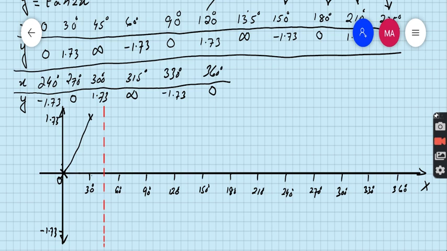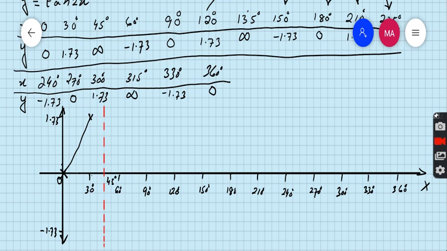But keep in mind, the black line and the red line cannot meet each other, but they can come closer and closer, but they never meet at any point, even at infinity. Okay, and this asymptote occurs at 45 degree.